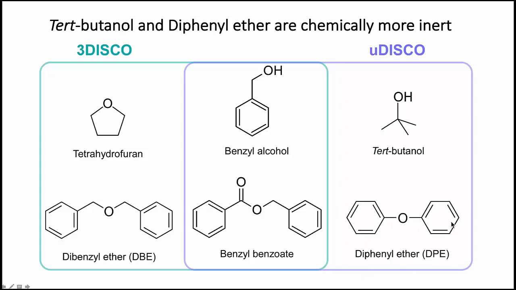Therefore, DPE is less prone to radical reactions or other oxidative reactions. Finally, we also use the antioxidant vitamin E to further scavenge the peroxides that can destroy the fluorescent proteins.